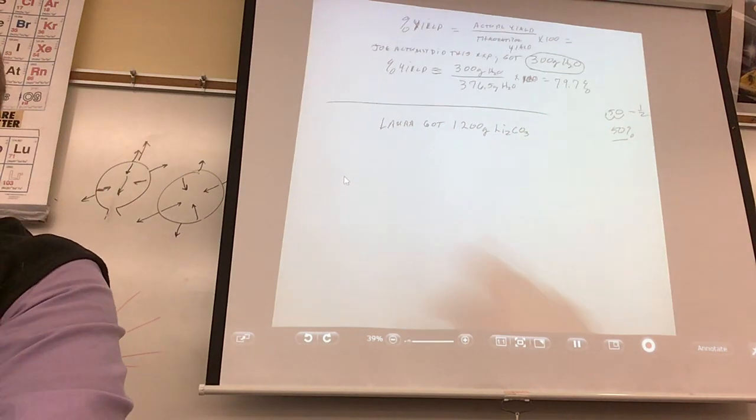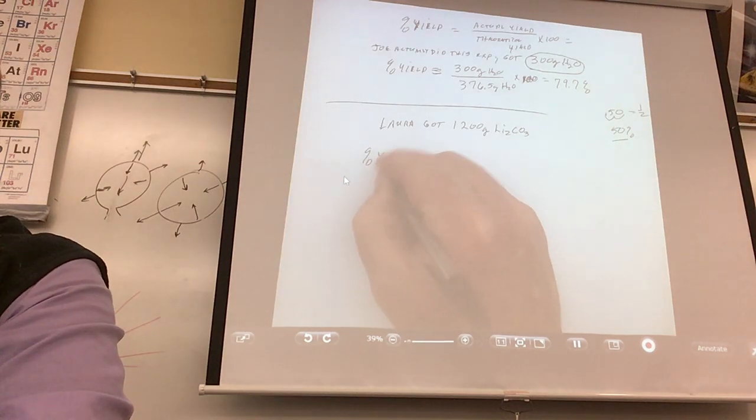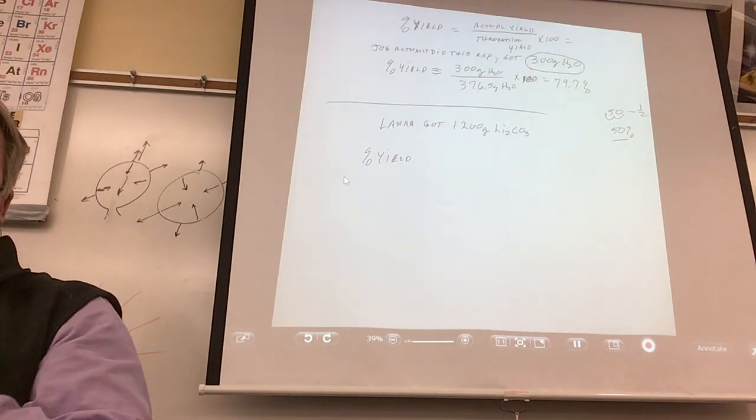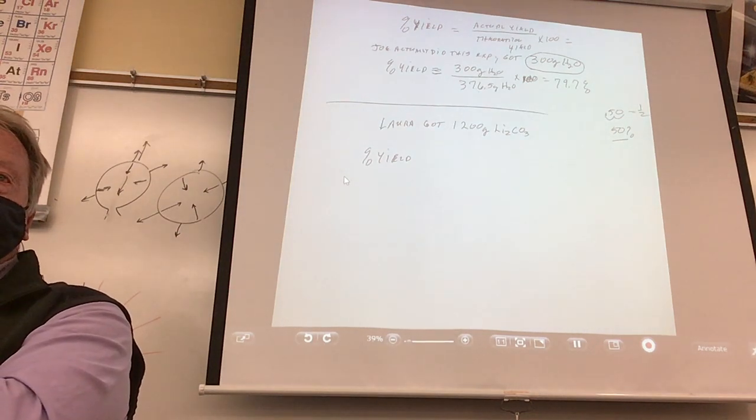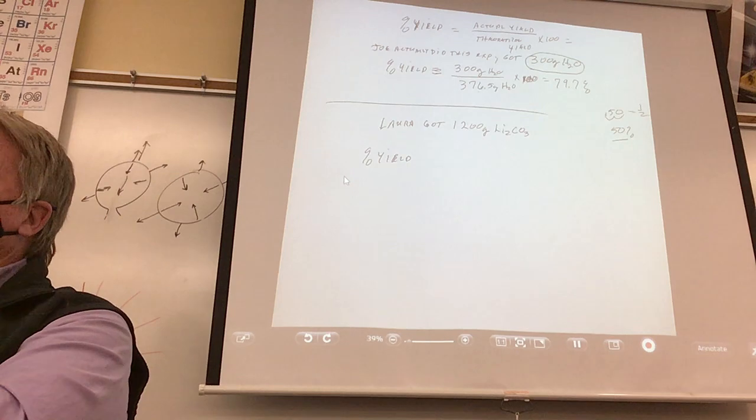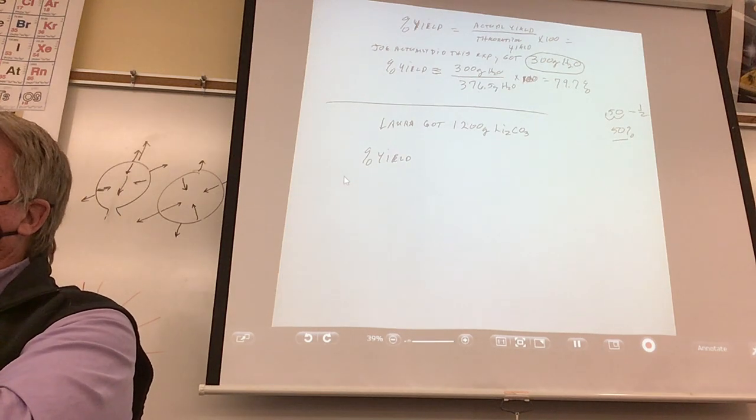Okay, now find out Laura's percent yield. Okay, see if you can find Laura's percent yield. So Laura did the same experiment, except she wasn't looking for water, she was looking for lithium carbonate.